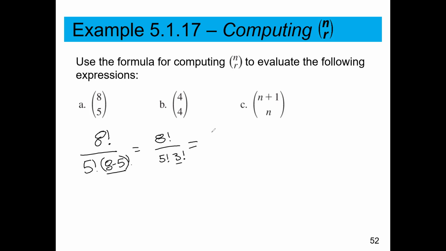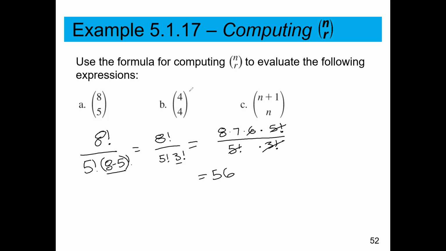But again, what we already know is that 8 factorial is 8 times 7 times 6 times 5 factorial, all that over 5 factorial times 3 factorial. Well, the 5 factorials cancel out. It also turns out that 3 factorial is 6, so those will cancel out, and that's just going to give me 56. So 8 choose 5 turned out to be 56.